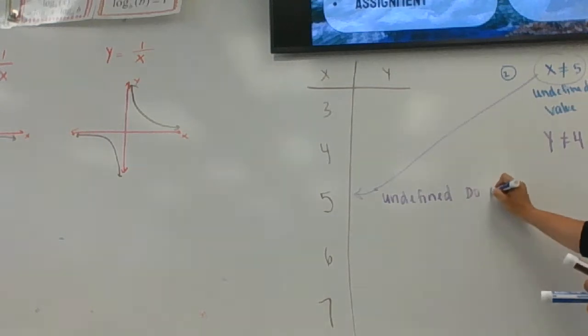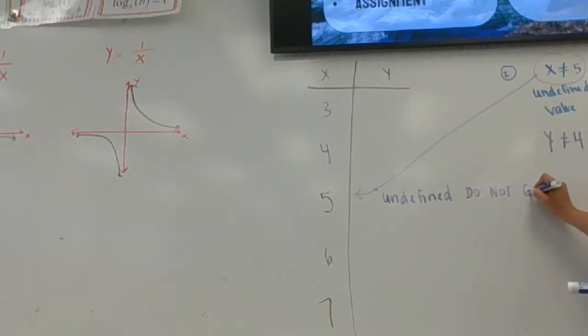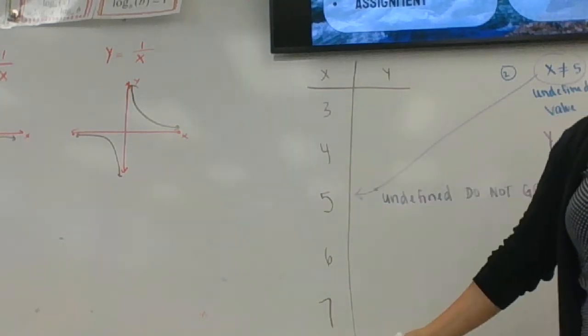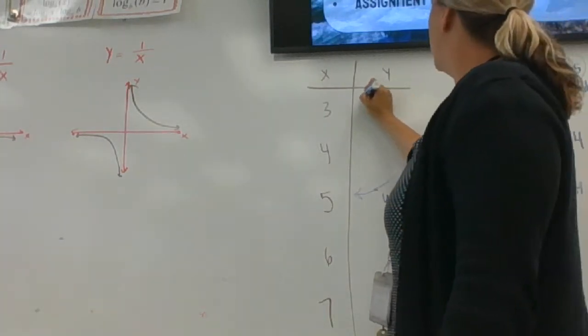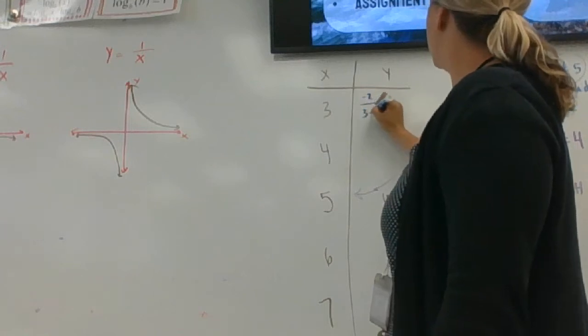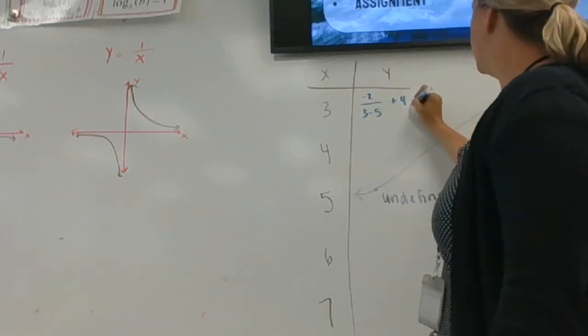So you do not graph it. Or you graph it as an asymptote in the dashed line. So then you need two numbers lower and two numbers higher. That has to be the center of the graph. Okay, let me just show some right here, Joanna. So I put 3 here. And what'd you get out?